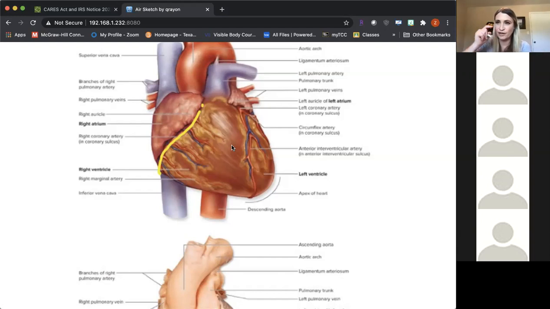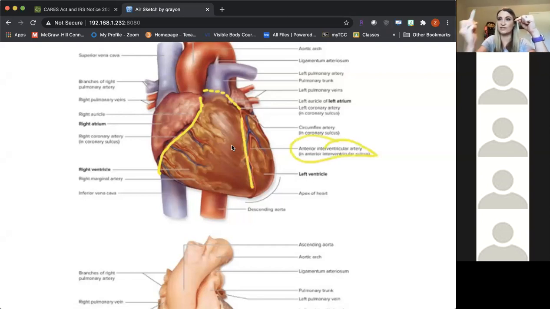The left coronary artery is a little different. It's shorter. It branches from right here. Again, we don't really see it. Waiting for the markings to show up, but the dotted line, that's your left coronary artery. The left coronary artery splits pretty quickly into the anterior interventricular artery, which is this one on the anterior side, and then the circumflex.